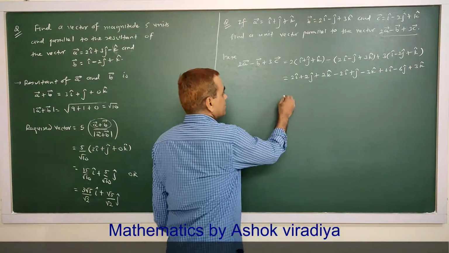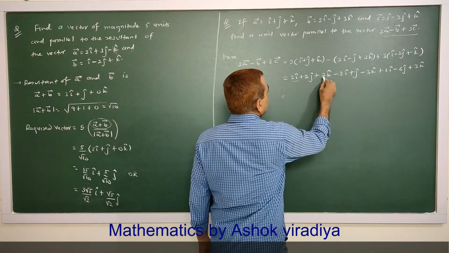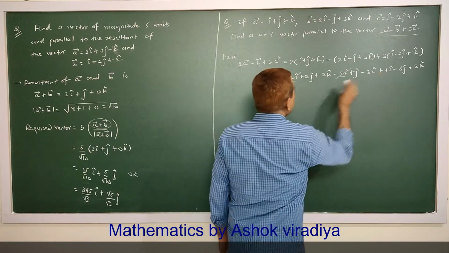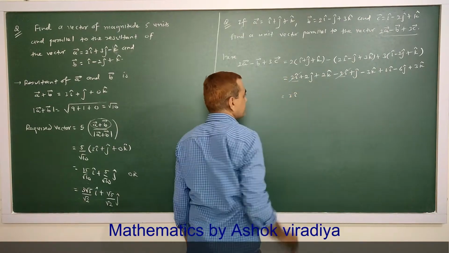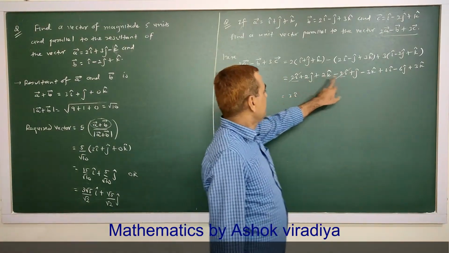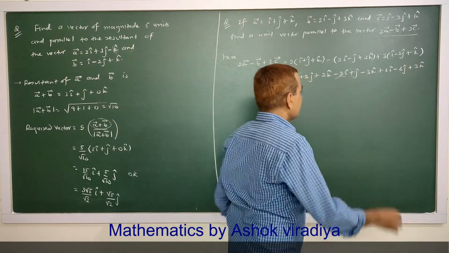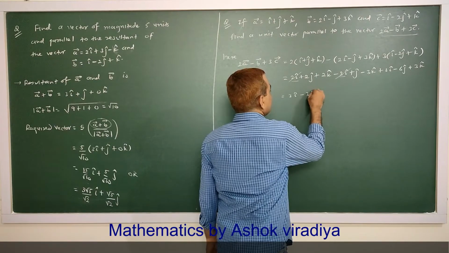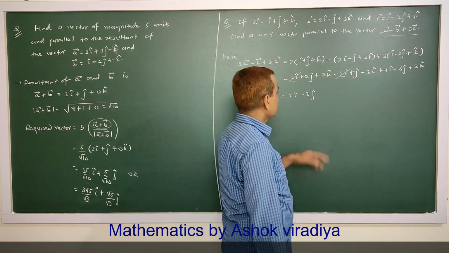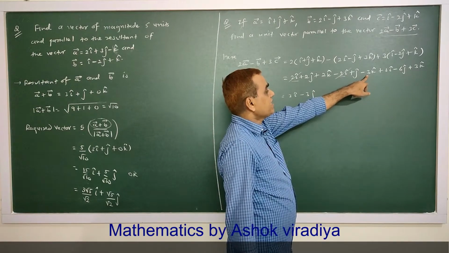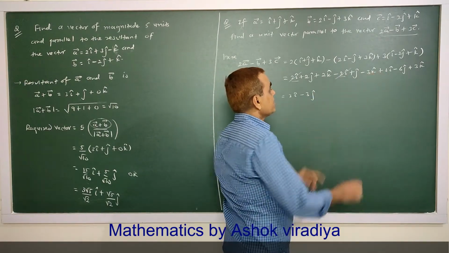So here 2i minus 2i will be cancelled. What is left? 3i. 2j plus j is 3j. 3j minus 6j is minus 3j. 2k minus 3k is minus k. Minus k plus 3k is 2k.